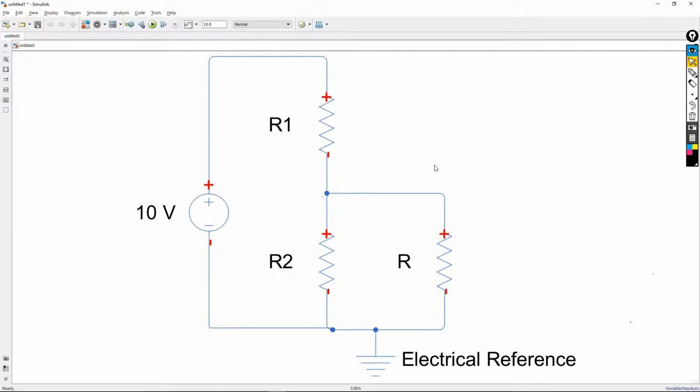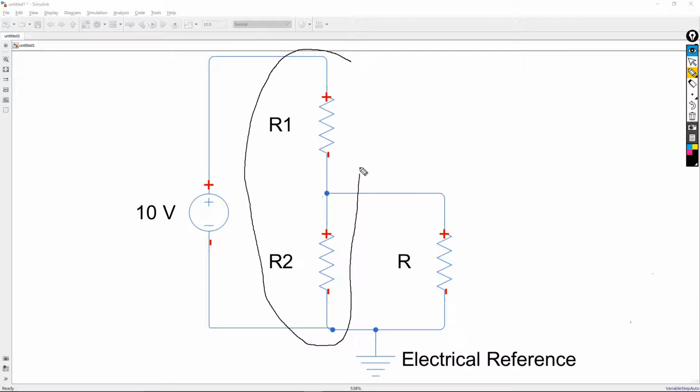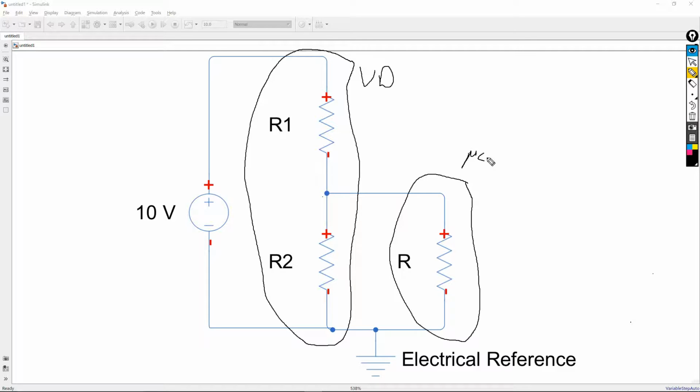Now if I look at my overall circuit diagram, I have a 10 volt power supply or signal, and it goes through my voltage divider, which I'm going to denote as VD. Then I'm taking the output from between these two resistors and connecting it to what I call a microcontroller, even though it's not really a microcontroller, I'm just showing you guys. So you will see that the circuit is no longer the same.